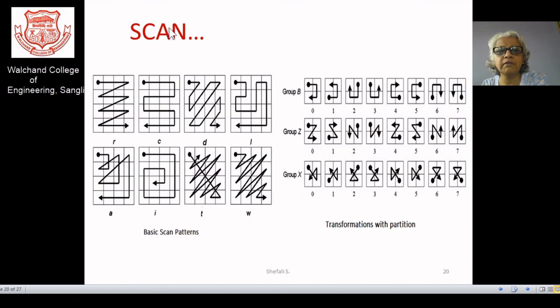For example, whatever these scans are, I may categorize those scans into different classes. Let class B be there, class Z be there, class X be there. So how are these scanned? Maybe through a clockwise section, maybe counterclockwise, or if the direct cross elements are carried out.